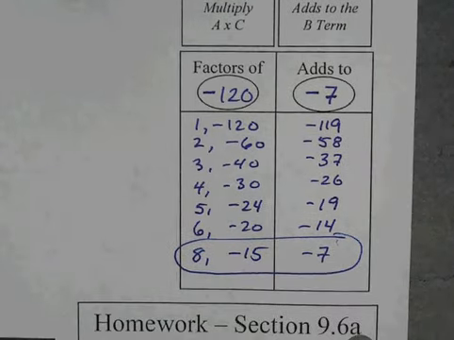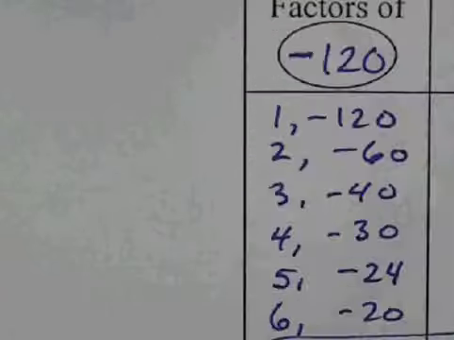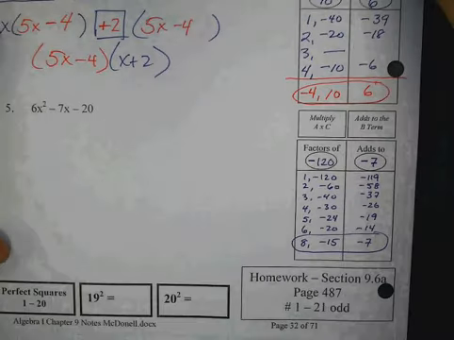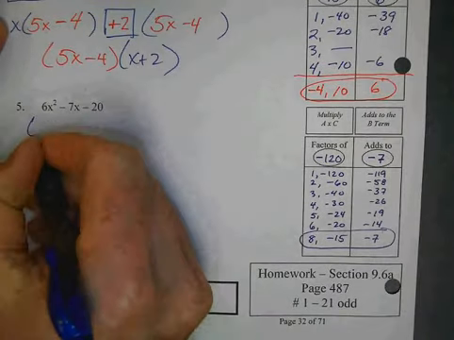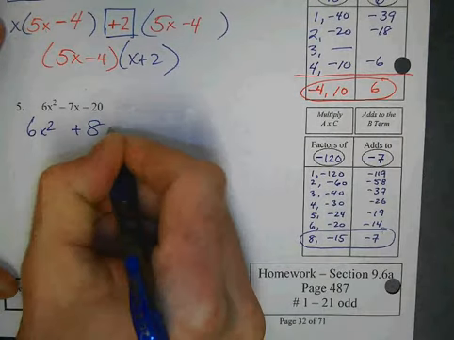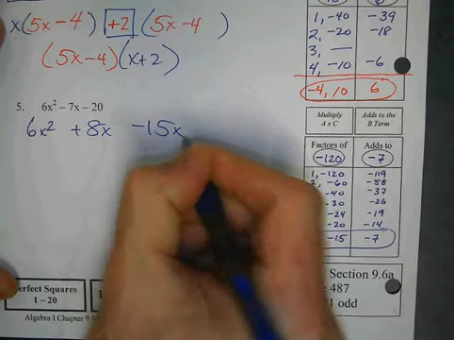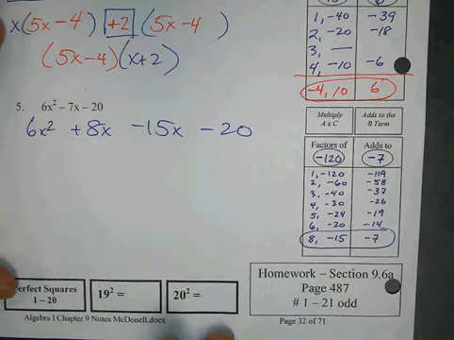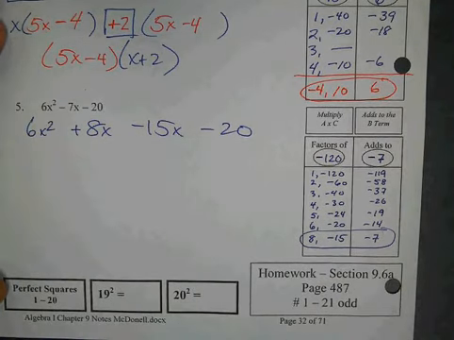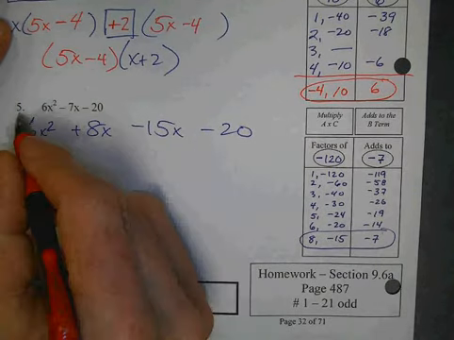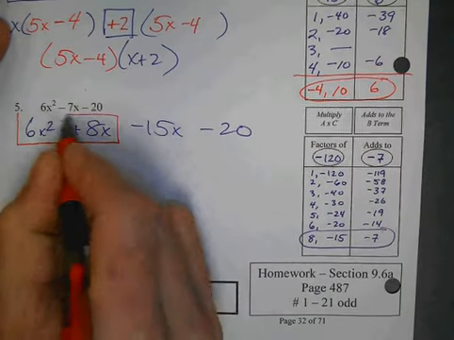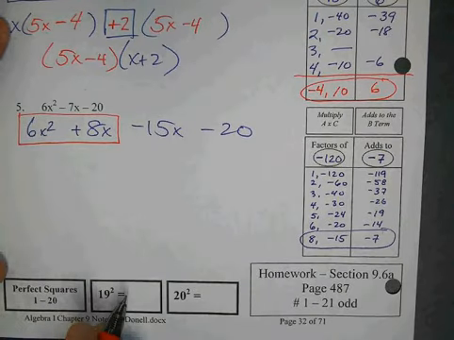All right, so let's slide back over here to the left. Let's expand. 6x squared plus 8x minus 15x minus 20. Luis and Annalise and Vicky and Elliot, help me out with this first part. Nice. 2x.